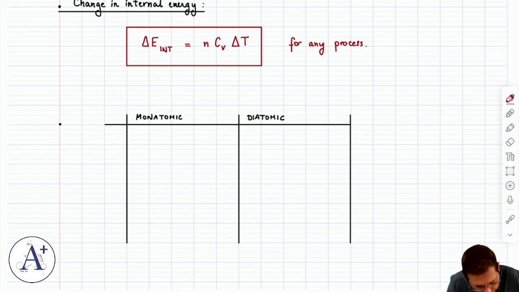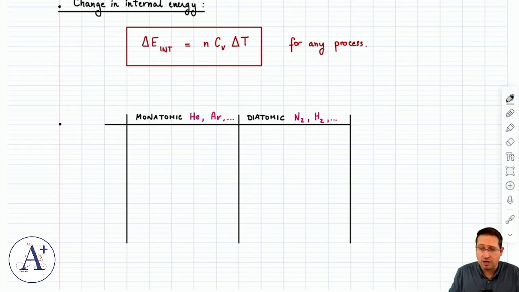Just to be clear, monatomic gases have one atom, so it has to be a noble gas. Helium, argon, one of those guys. Diatomic, 2 atoms, right? So N2, H2, O2, and so on and so forth. So the air that surrounds us overwhelmingly is diatomic. Yes, I know CO2 is not diatomic, but for simplicity's sake, the air that surrounds us is diatomic.